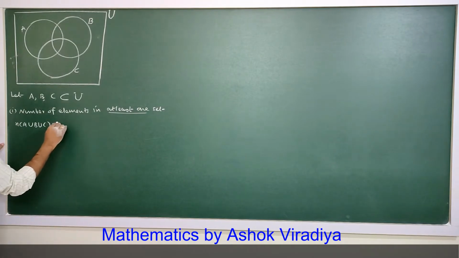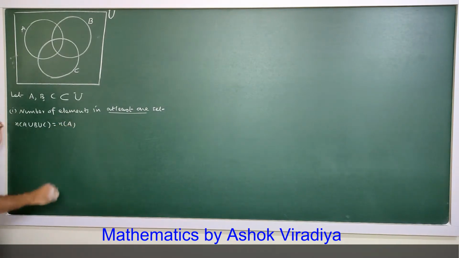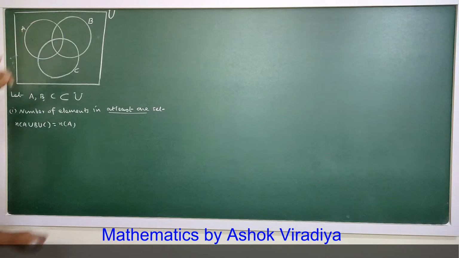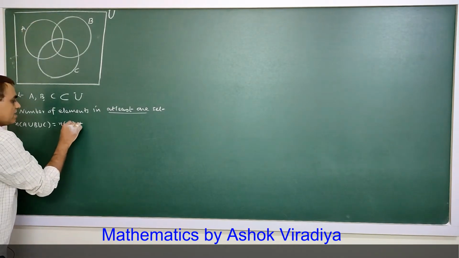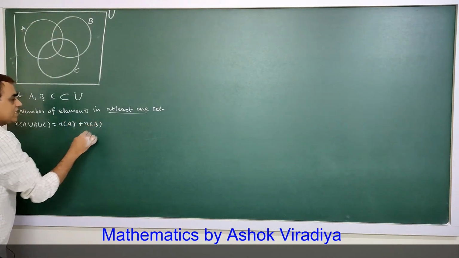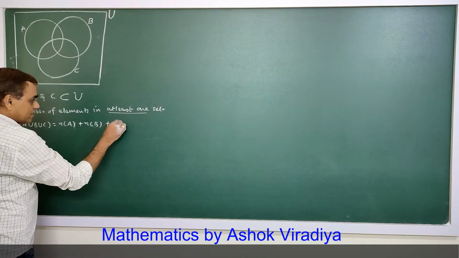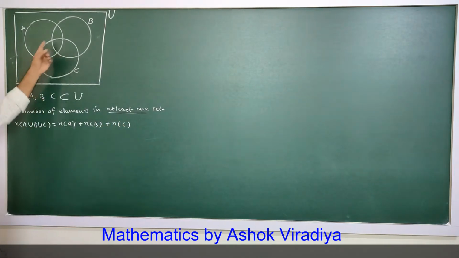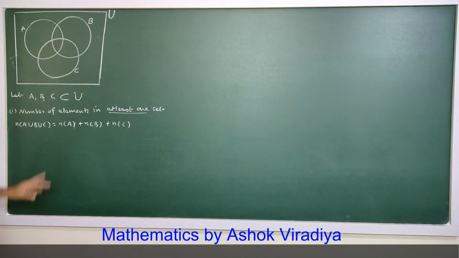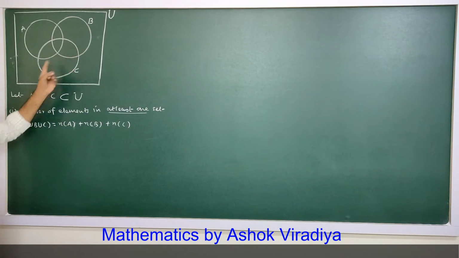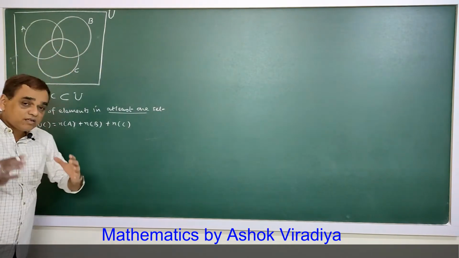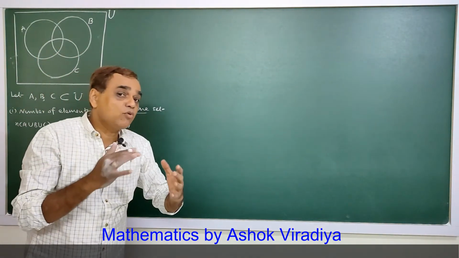The formula is the number of elements in A plus the number of elements in B plus the number of elements in C. When adding these numbers, some of the elements are counted more than one time.